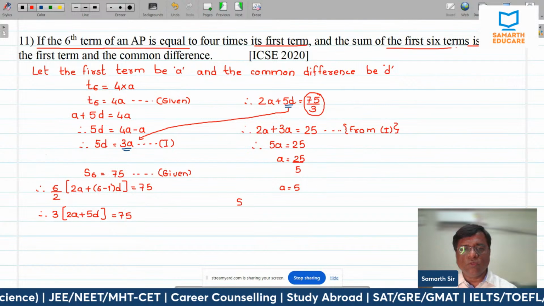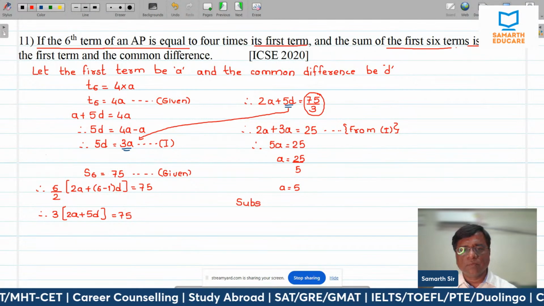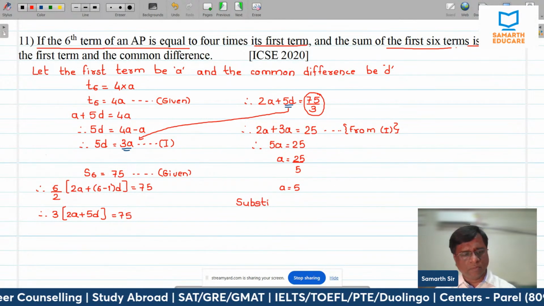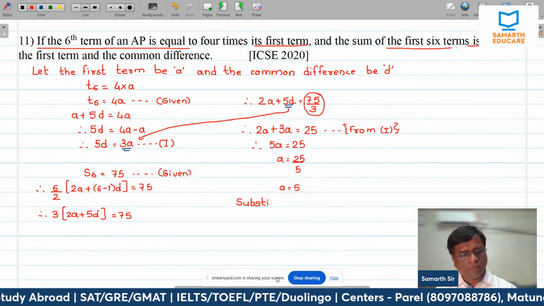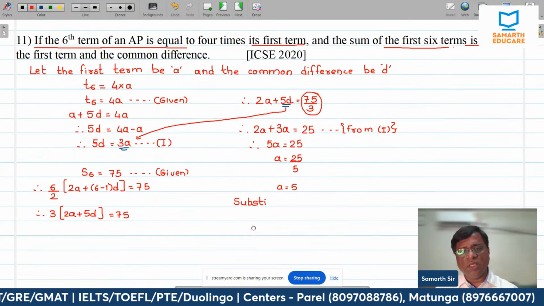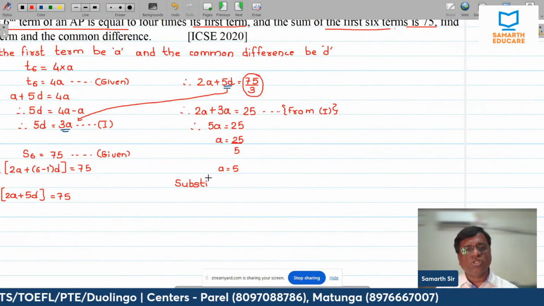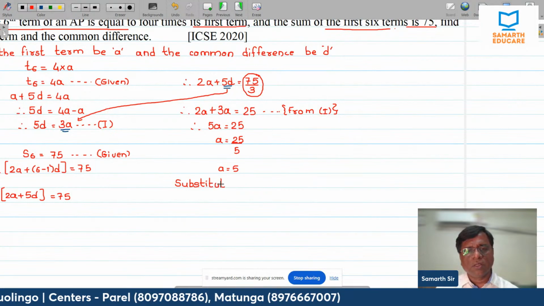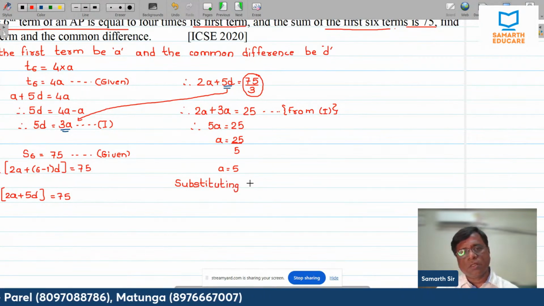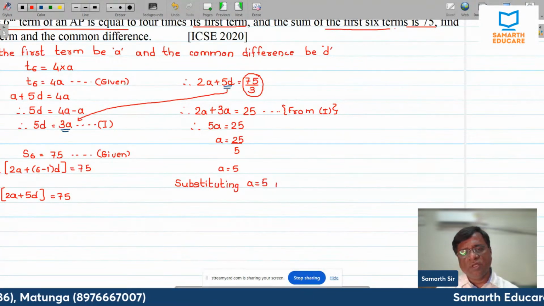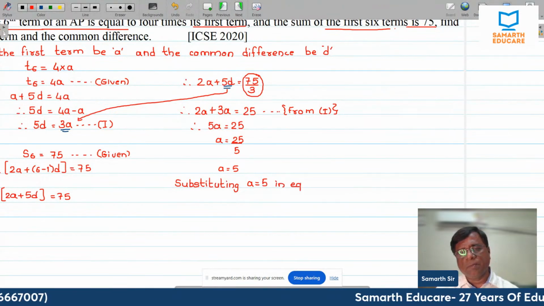Let me substitute the value of a in equation 1, substituting a is equal to 5 in equation 1.